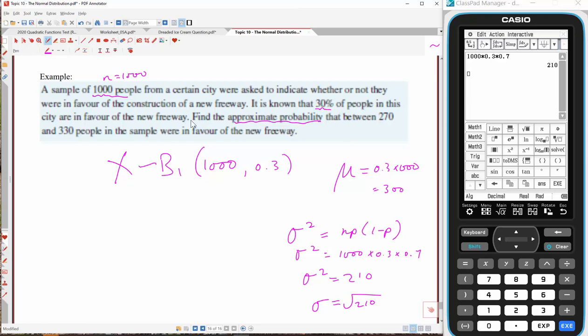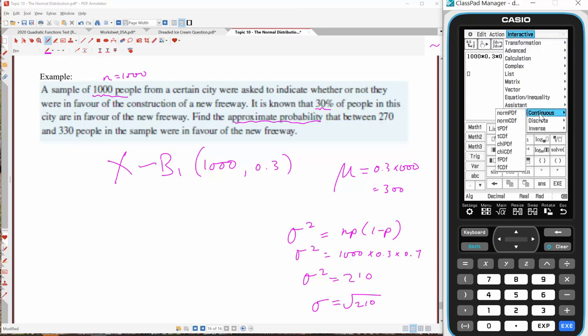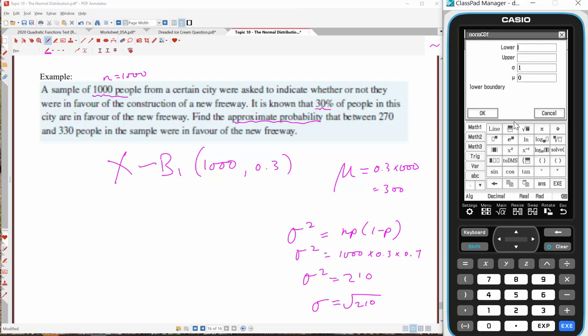All right, so they want the approximate probability. So what I'm going to do is get the normal approximation of the binomial. To do that, I'm going to go over to interactive, then continuous and norm CDF. My lower is 270, my upper is 330. I've got a standard deviation of square root of 210 and a mean of 300. All right, let's see what it says.